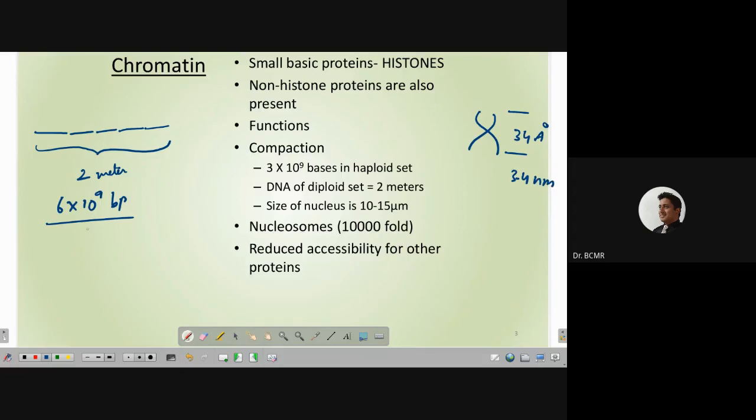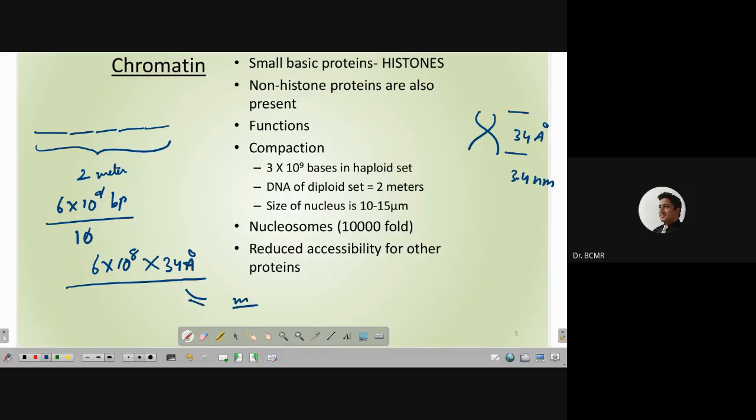I'm not going to do the calculations for you, but I would want you to appreciate this. Say 1 turn has about 10 bases. So you can calculate 10 to the power 6 into 10 to the power 8, and then multiply it with 34 angstroms. You can choose whatever unit you want, and then convert that into meters.